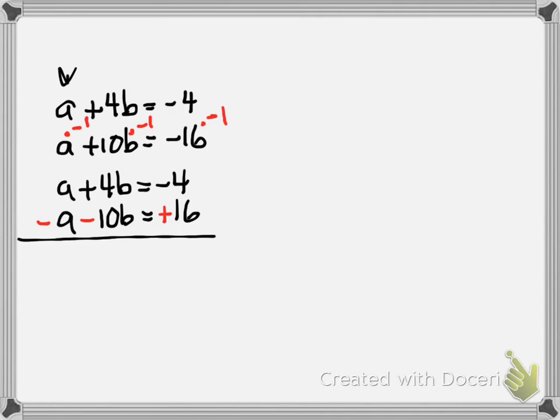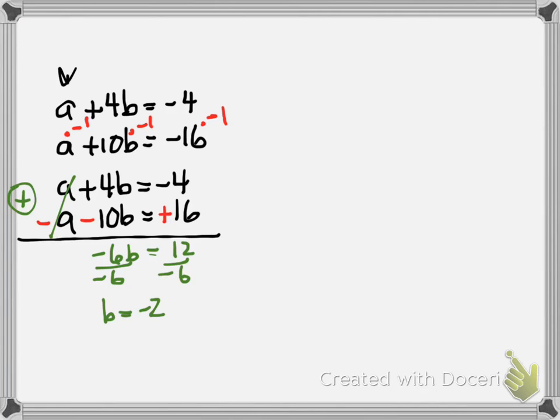Now that we've artificially created the opposites, we can go ahead and add the equations. The a's are going to eliminate. This is going to give me negative 6b equals a positive 12. And then we divide both sides by negative 6, and we get b equals negative 2. So that's the first one.